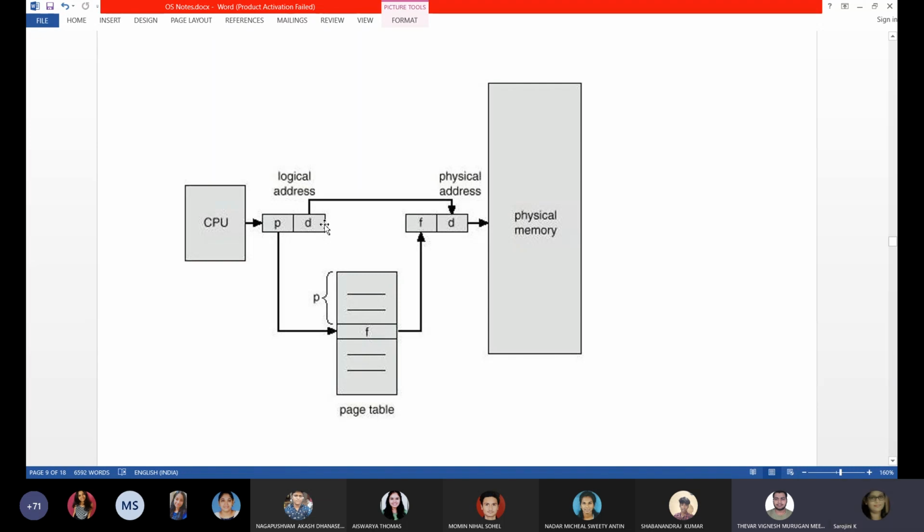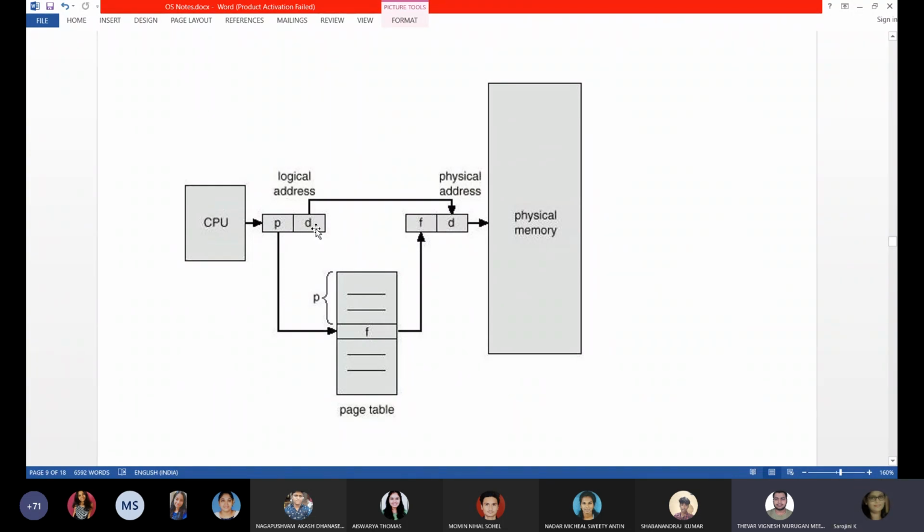So what we want to refer to inside the page or inside the frame will not vary. Suppose inside page number 3, I want to refer to byte number 28.